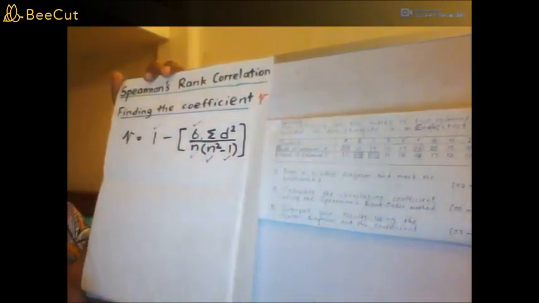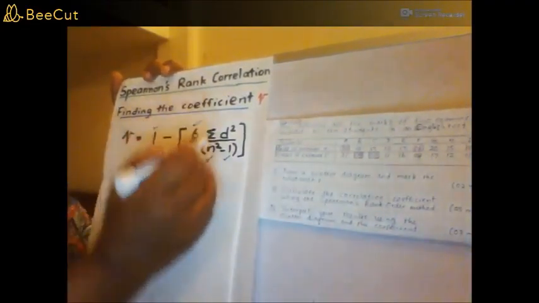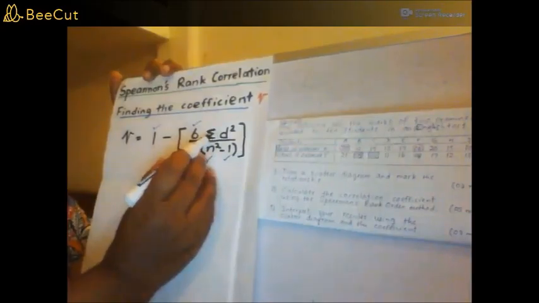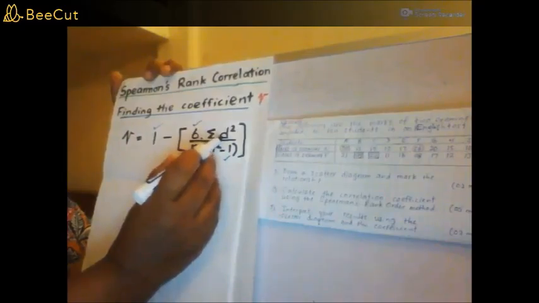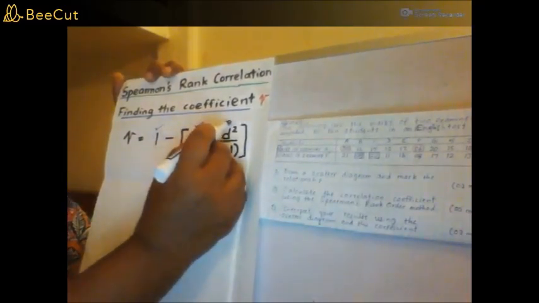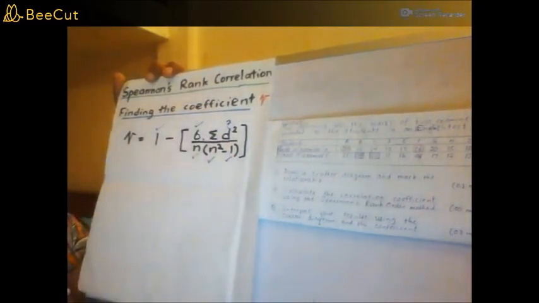1 we know. So what's the thing that we don't know? We don't know the total, summation or sigma, of d squared. We don't know d. This is what we'll have to find.